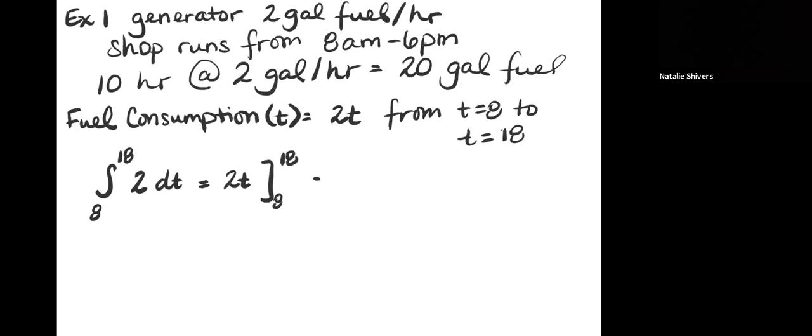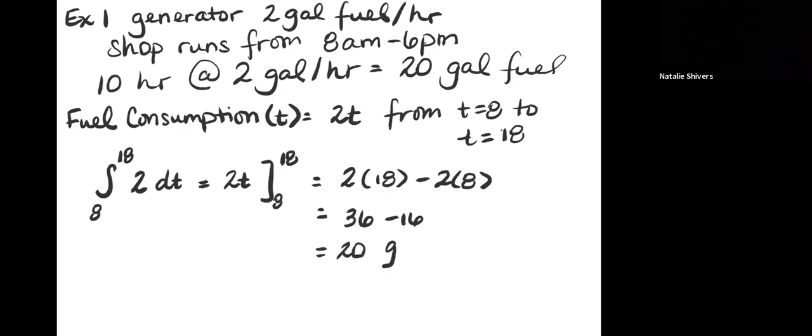So we get 2 times 18 minus 2 times 8 gives us 36 minus 16, and we get 20. Same way, much longer, but it still works. So again, it is using calculus to solve the problem.